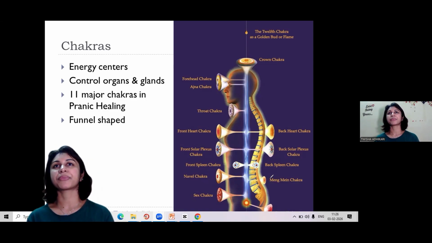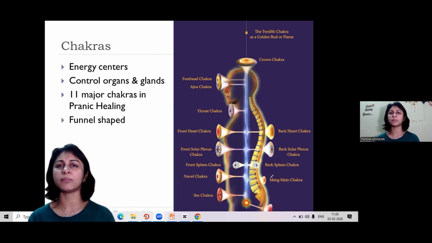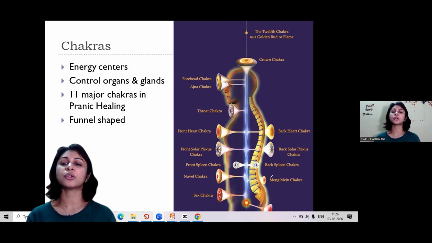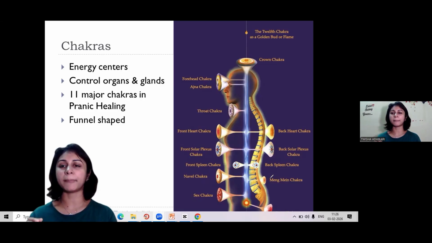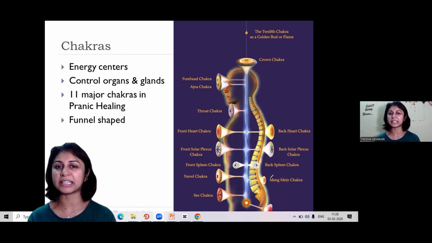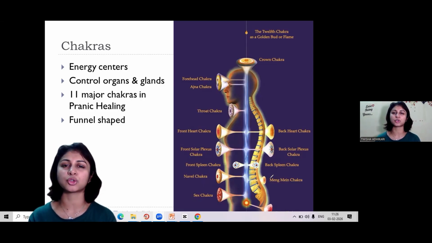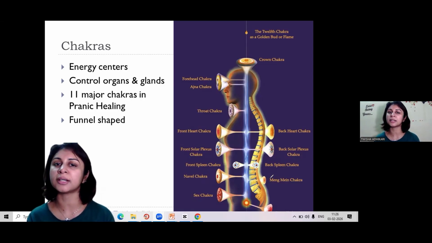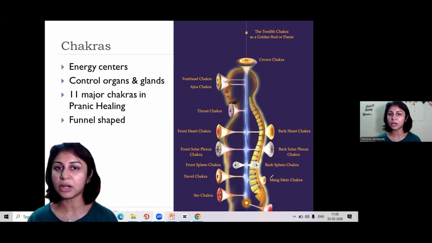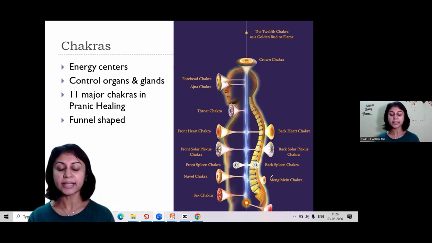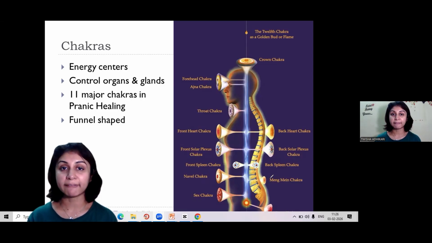If a certain problem is in the navel chakra, we should also cleanse the solar plexus chakra, which is up, and the sex chakra and the basic chakra, which are down. So one chakra up and one chakra down should also be cleansed, because all of them are connected. If there is depletion or congestion in a particular chakra, the other chakras might also be congested or depleted. Now we move on to the navel chakra.